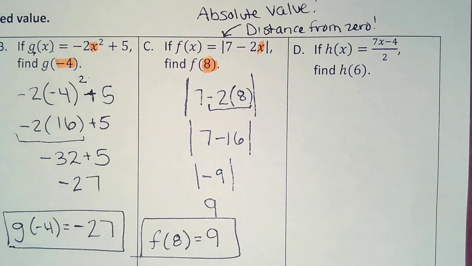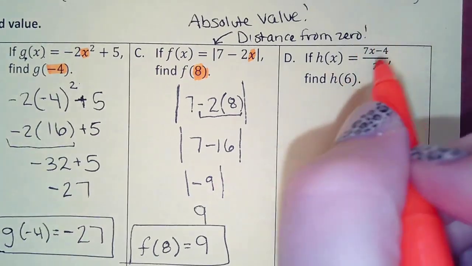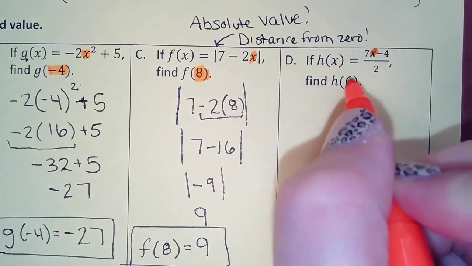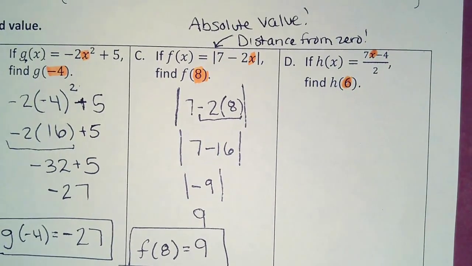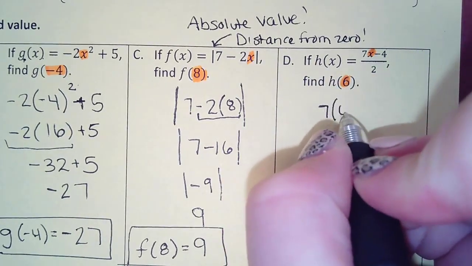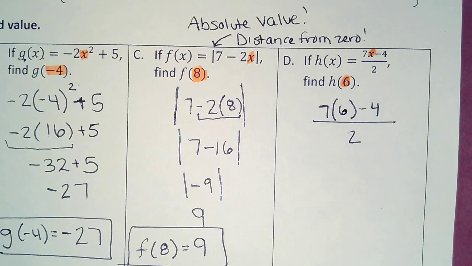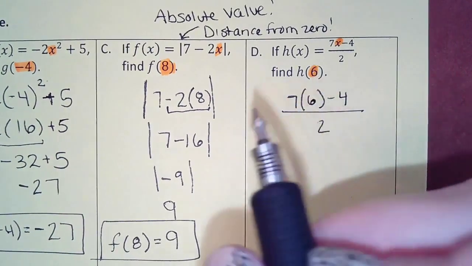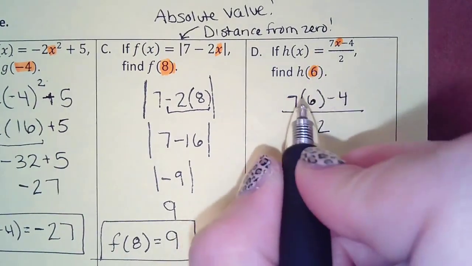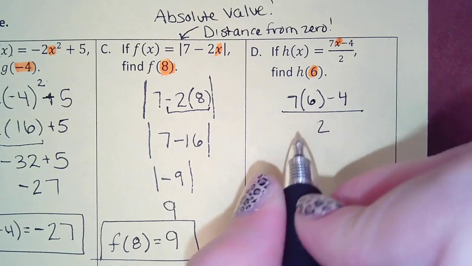Part D. This time I've got a fraction. Everywhere I see x, I'm going to plug in 6. So I have 7 times 6 minus 4, all divided by 2. Order of operations says do the multiplication on the top first. 7 times 6 is 42.